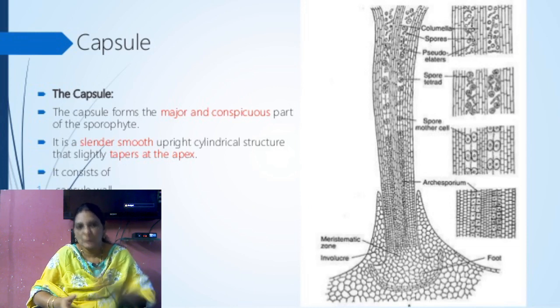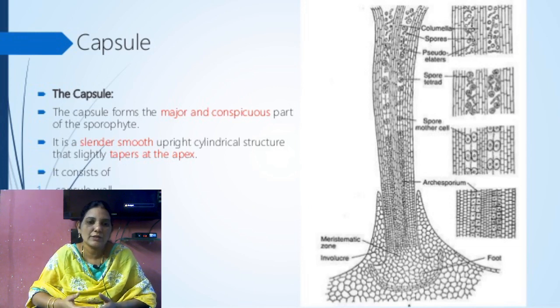So the spore mother cell undergoes meiosis division and divides into 4 cells, and that stage is called the tetraspore stage. The tetraspores separate from each other and form single haploid spores.